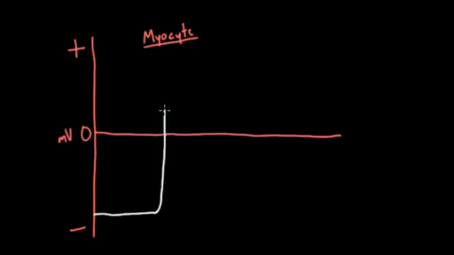It's going to go really positive, and then it's going to peter down a little bit as the potassium channels let out potassium. And then it's going to go through this interesting plateau where calcium is rushing in, potassium is rushing out. And finally it goes back down as potassium wins the game.